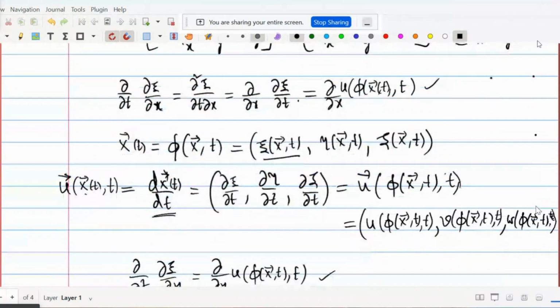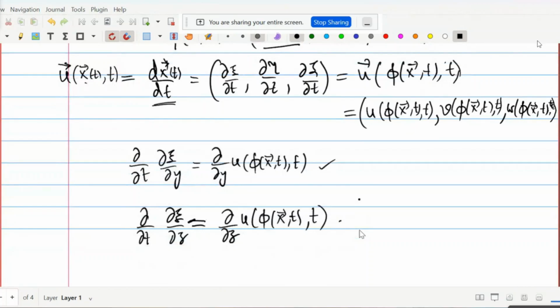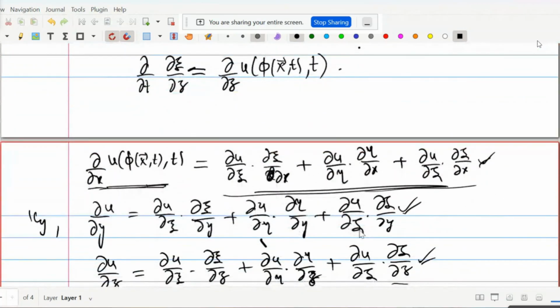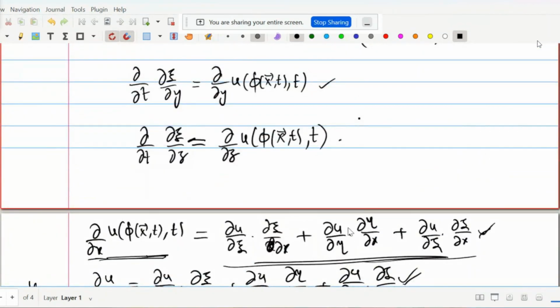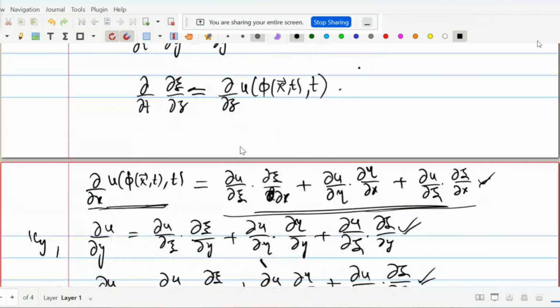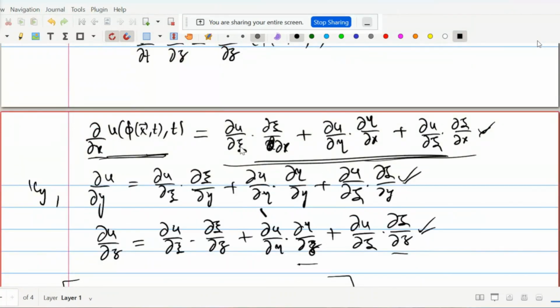So similarly, ∂t of ∂ζ/∂y is also like this. ∂t of ∂ζ/∂z is also ∂z of u. So these things you also expand: ∂x of u, ∂y of u, ∂z of u, because u is a function of three variables, ξ, η, and ζ.